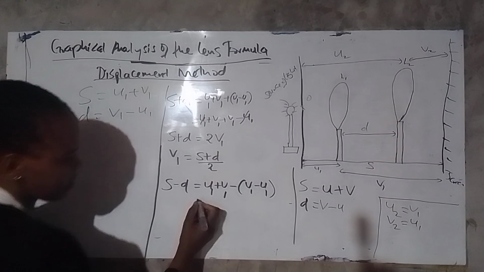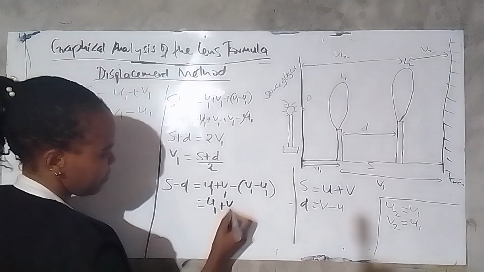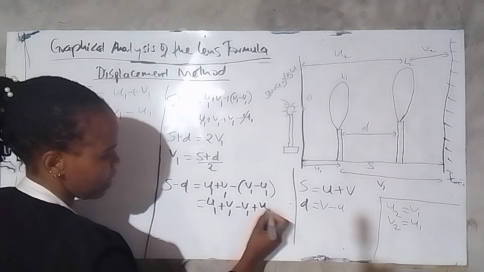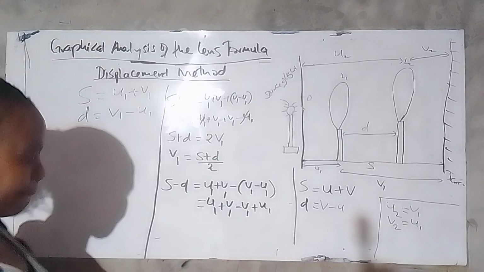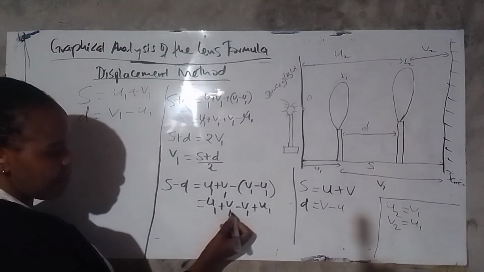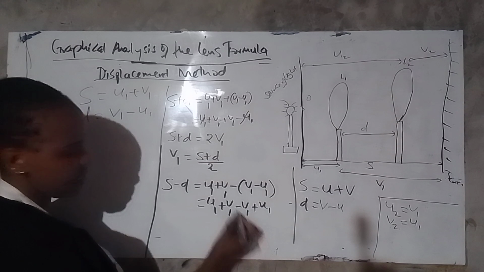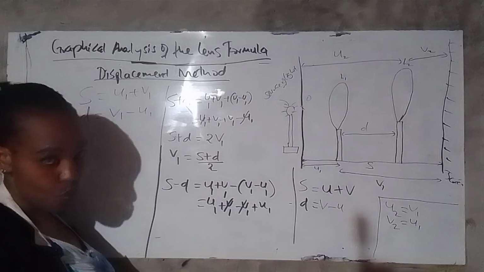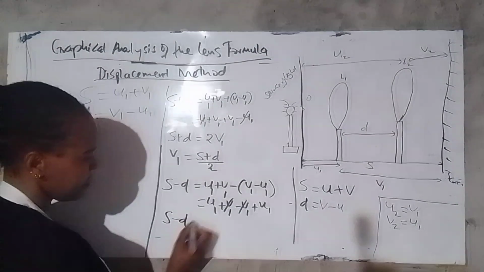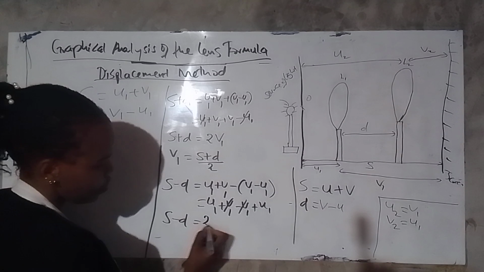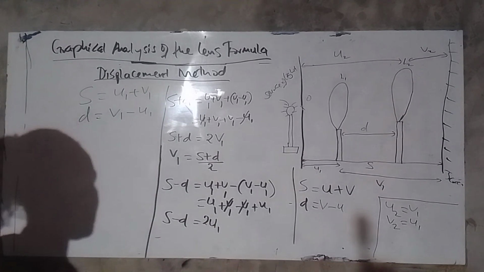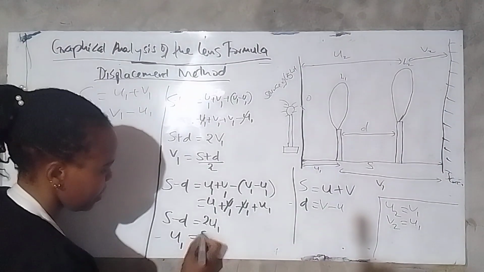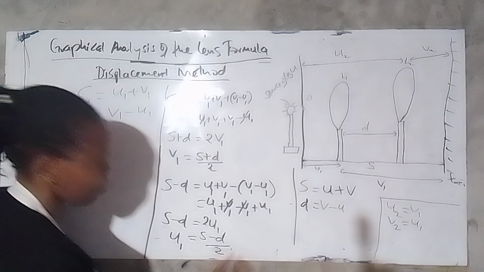Open the bracket: U1 plus V1 minus V1, minus minus is plus U1. Plus V1 minus V1 is 0, those cancel. Then U1 plus U1 is 2U1. So S minus D equals 2U1. So finally, U1 equals S minus D over 2.